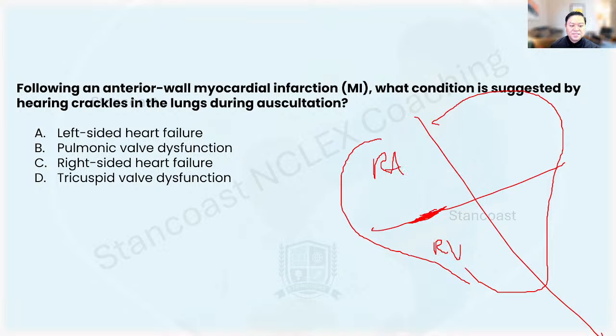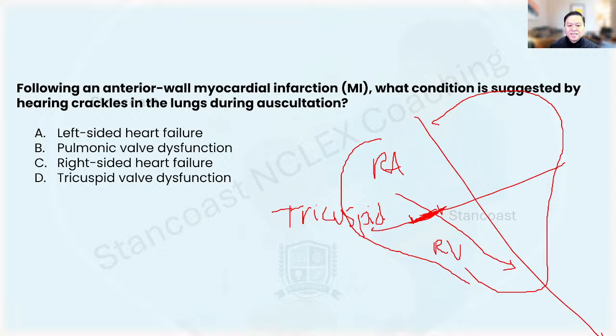This is where the tricuspid valve is. It is that valve that will also control the passage of the blood coming from the right atrium down towards the right ventricle.